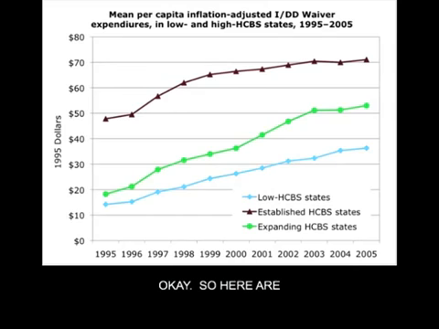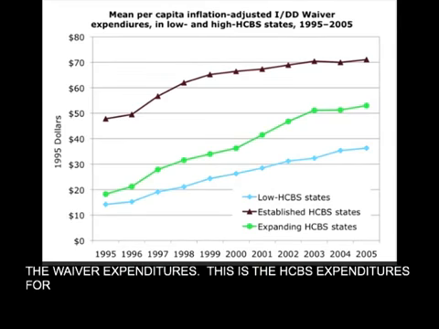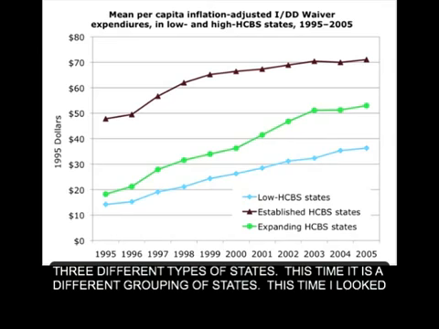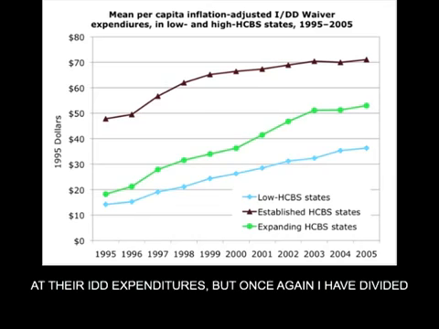Okay, so here are the waiver expenditures. This is HCBS expenditures for 3 different types of states. This time this is a different grouping of states because this time I looked at their IDD expenditures.